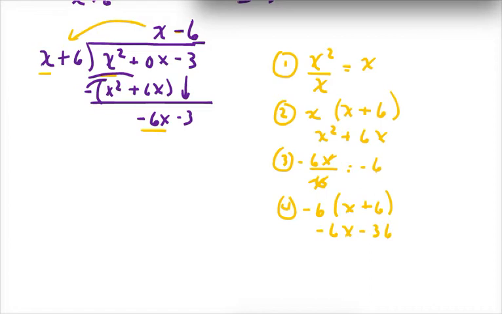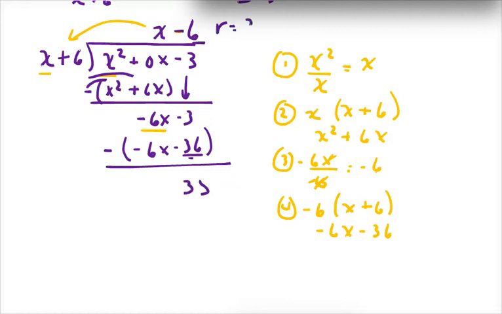Subtract that whole thing, minus negative 6x minus 36. If you keep your sign straight, the 6x's are going to cancel out. This becomes a positive 36. And subtract 3, you're left with 33. So the remainder is equal to 33.